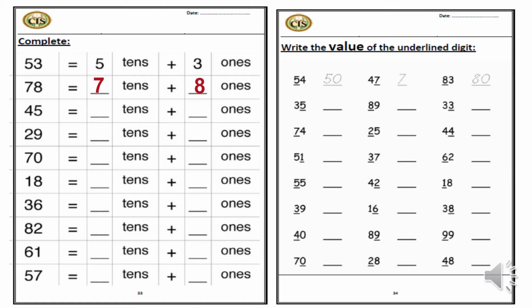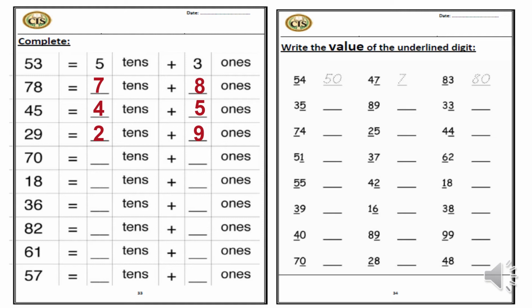Next, 45. So which number here in tens place? 4. In ones we have 5. Next we have here 29. So in tens, which number? 2. In ones 9.